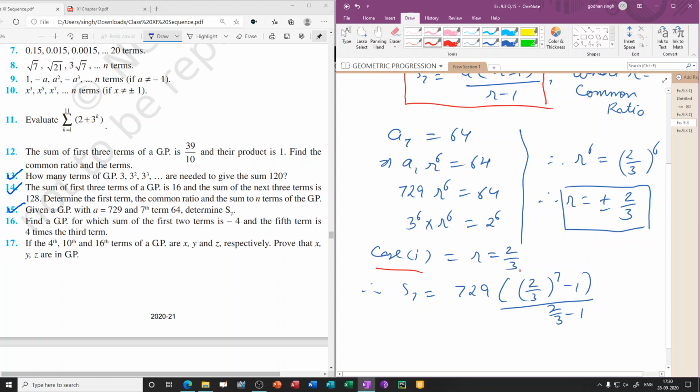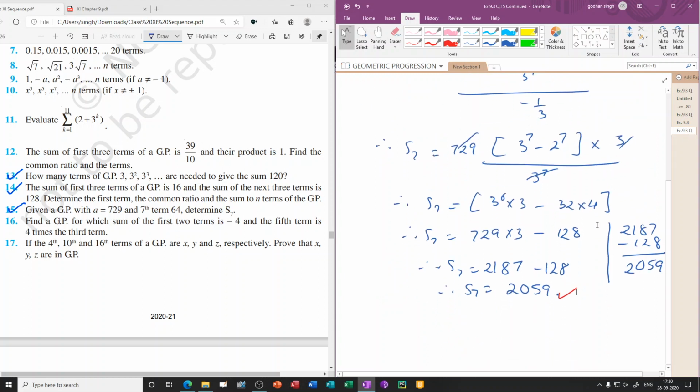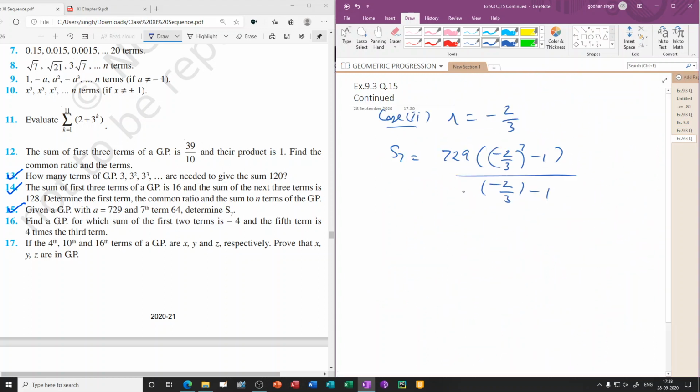Let us now take case 2, that is r equal to minus 2 by 3. So here this is complete, so we'll have to move to the next page. So this is what we'll be getting in case 2, when r equal to minus 2 by 3, S7 equals 729 times (minus 2 by 3 whole raised to 7 minus 1) over (minus 2 by 3 minus 1).